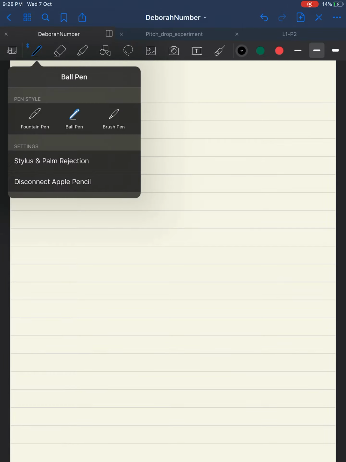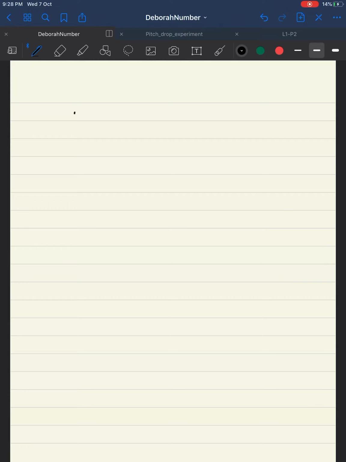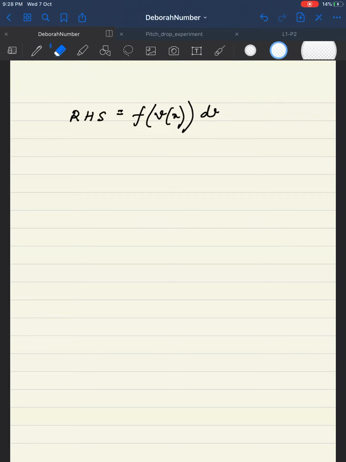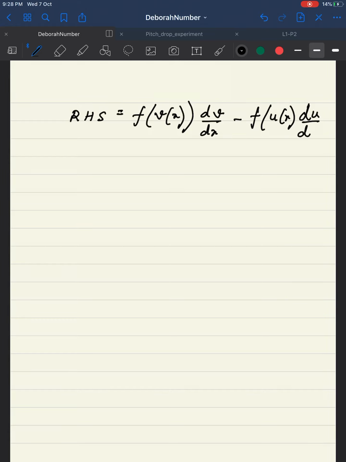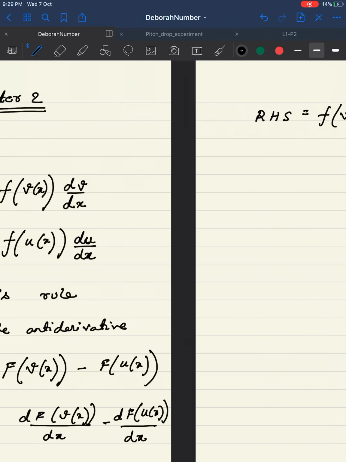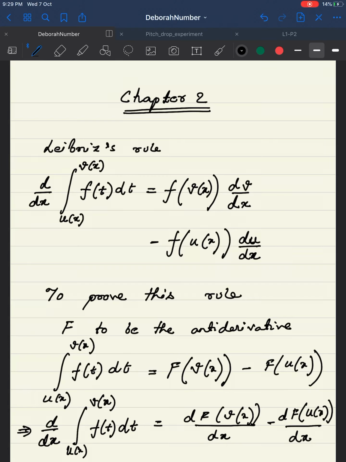The RHS is therefore equal to f(v(x)) dv/dx minus f(u(x)) du/dx. Okay, so our rule has been proven. Okay, so this is the important rule that you need to know.